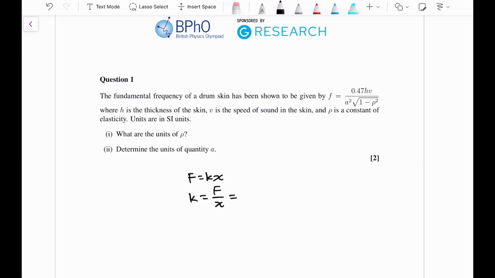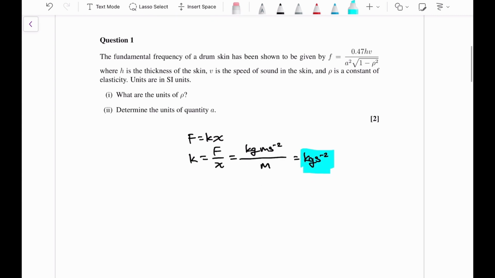Newtons is the mass times the acceleration, so that is kg m s^-2 over x, which is basically m, so therefore the units would be simply kg s^-2. And this will be the answer to the first component of the question.